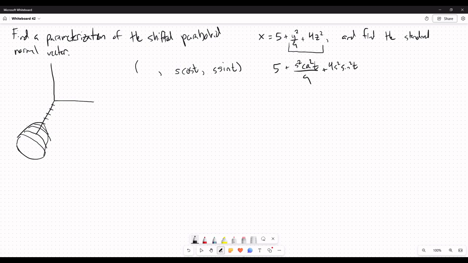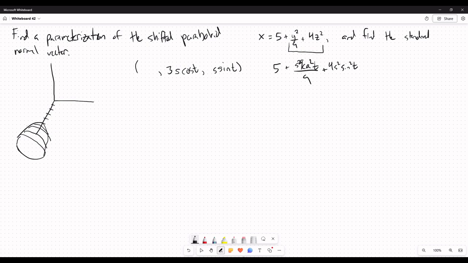And what I'd really love is for this to just be an s squared cosine squared of t and an s squared sine squared of t. That would be really nice. So let's see if I can do something to make that happen. Well, if I put a 3 up here, that will give me a 9 up here that cancels out with my denominator.